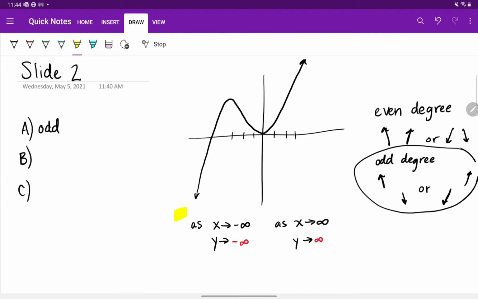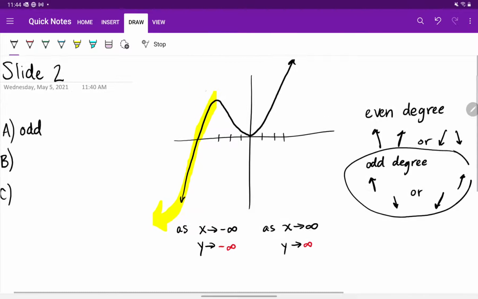Read your graph from left to right, and if your graph is headed in the upward direction, we call that increasing. So from negative infinity all the way until we reach this little point here, our graph seems to be heading upward.